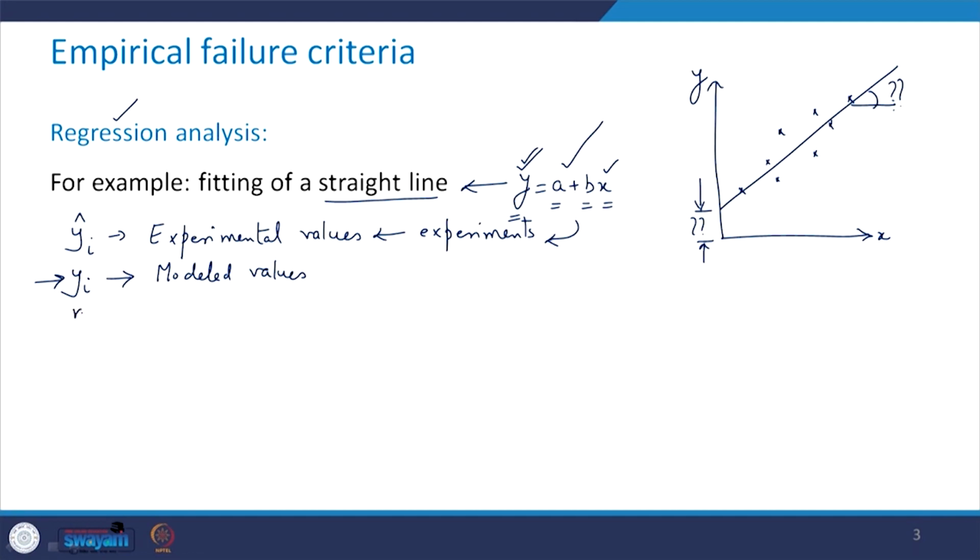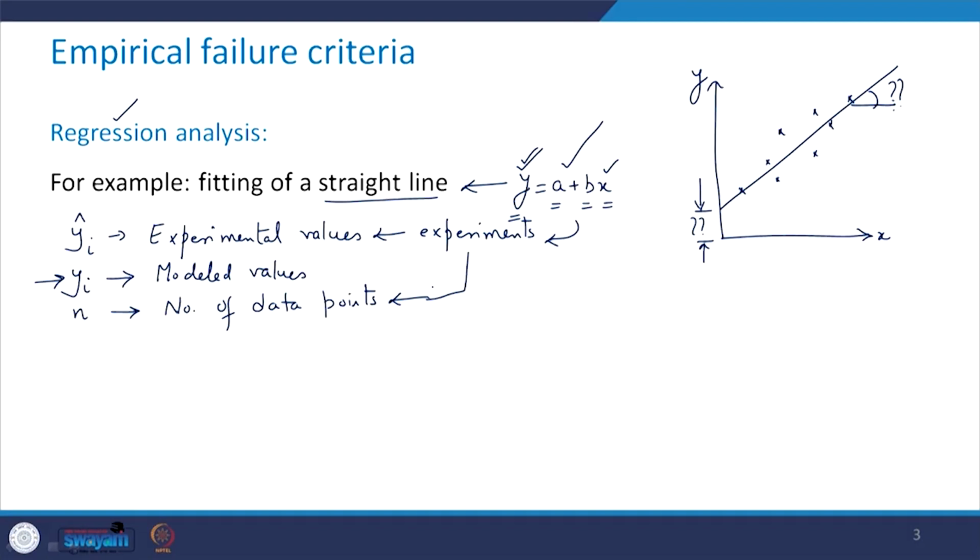Another quantity I want to define is n, the number of data points. It can be anything, 10, 20, 30, the number of experimental values that we are going to get.